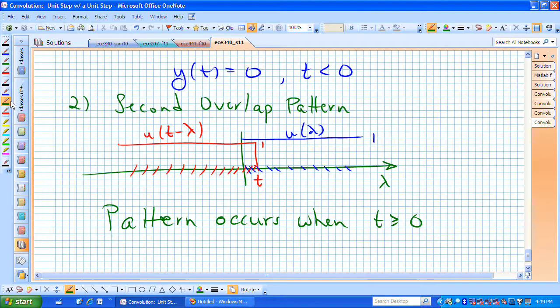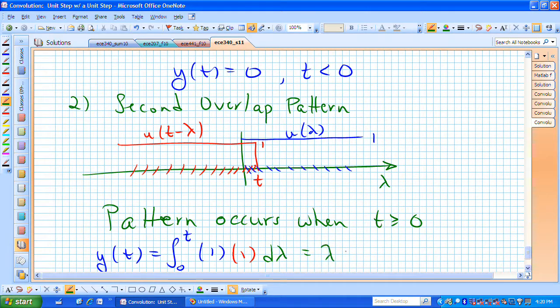And the result, the output, is now going to be determined by the limits of integration. I'm going to integrate from 0 on lambda up to t, and I'm going to have u of lambda, which has a magnitude of 1, and u of t minus lambda, which also has a magnitude of 1, integrated with respect to lambda.